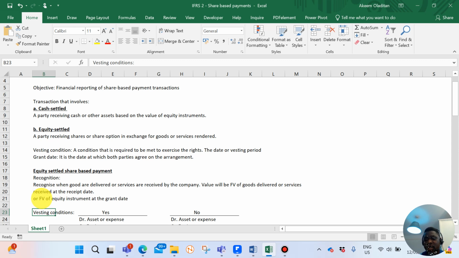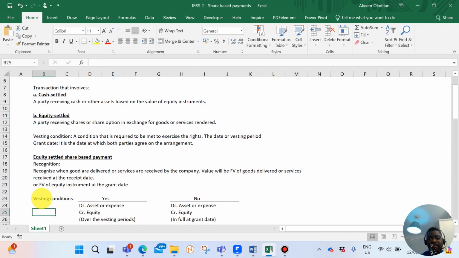For the first year, you debit asset or expense, as the case may be, for the value for 1 year, and you credit the equity reserve, let me say the share option reserve, as the case may be. So that value will be credited to that account over a period of 3 years.